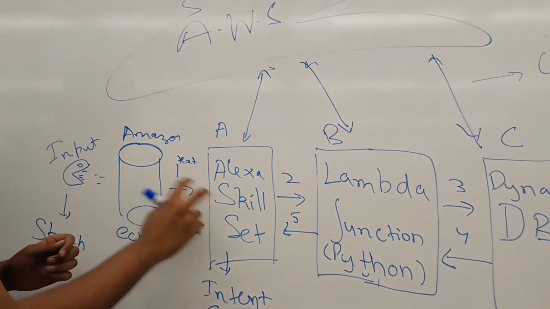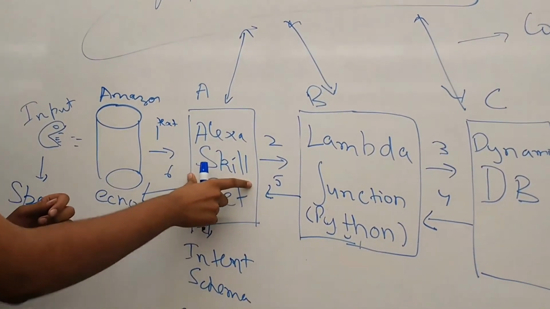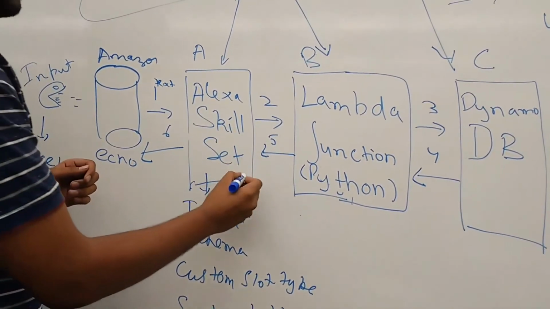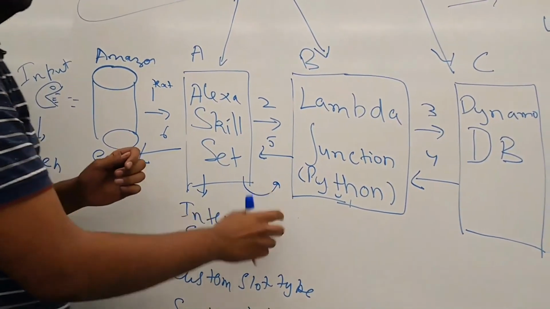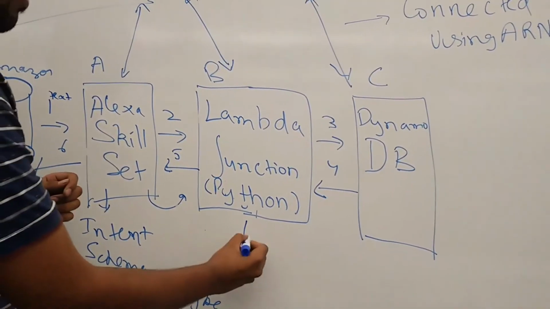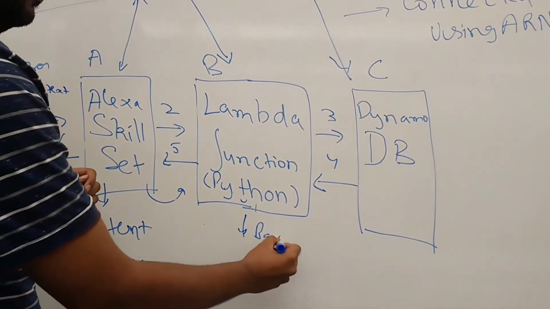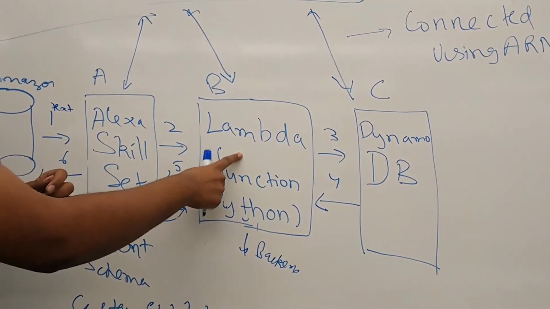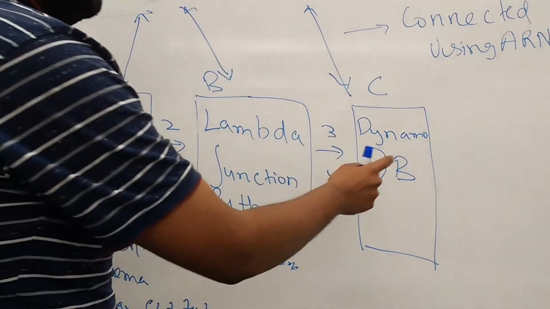Then that text will be passed to an Alexa skill set. Over there the processing will happen. Then an intent will be passed along with the variables to a Lambda function, which is the backend, and all the processing takes place in the Lambda function. And for the database, we are using DynamoDB.